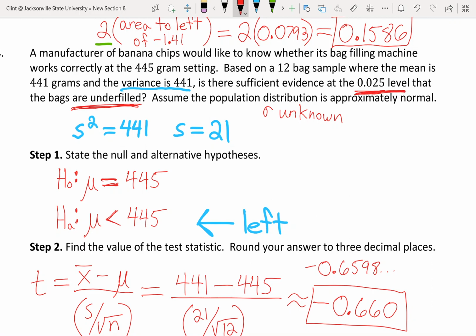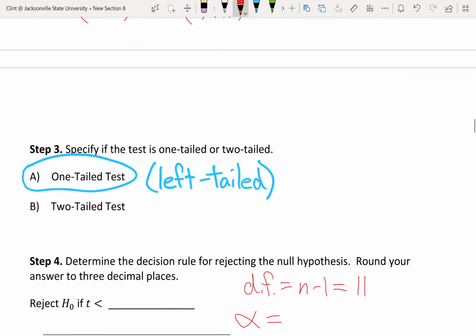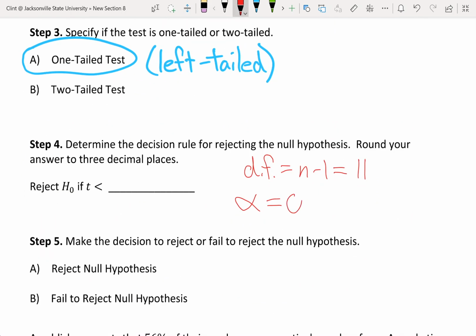So we want an alpha of 0.025, or area in one tail, 0.025. So we'll go to table C to look up our critical t-value. And we have 11 degrees of freedom, 0.025 in one tail, that's the middle column. So we get 2.201.